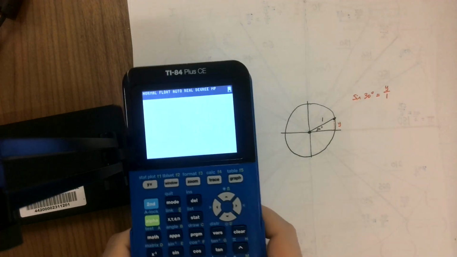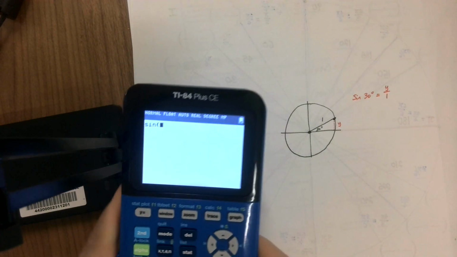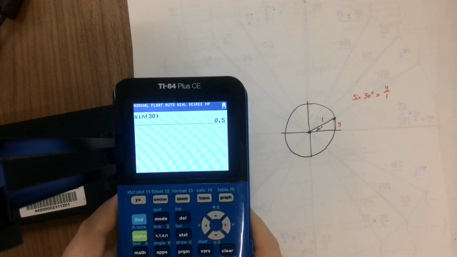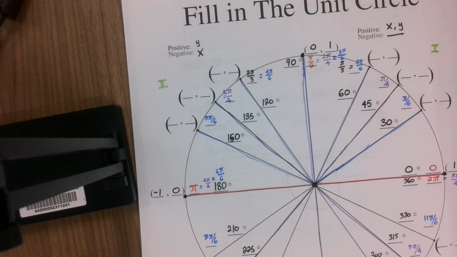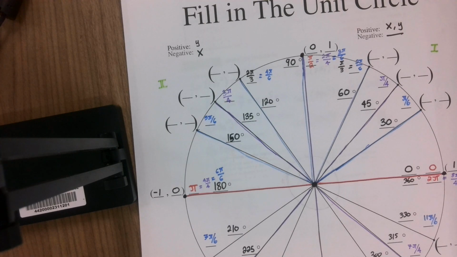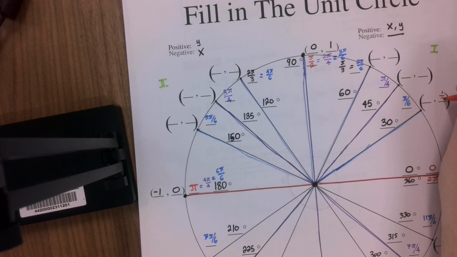So we should figure out what the sine of 30 degrees is using our calculator. You can also use other tricks to get you here, but for the purposes of today, I'm just going to type in sine of 30. It's 0.5. So the y value of our point here is 0.5, but I'm going to write it as 1/2 for reasons you'll see later. This is 1/2.